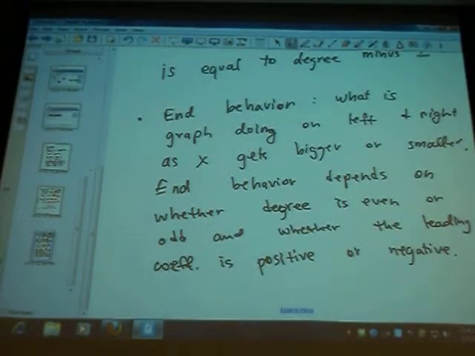So you need to look at even or odd and then also positive or negative. This is getting complicated. Alright, let me get a second to write that down.